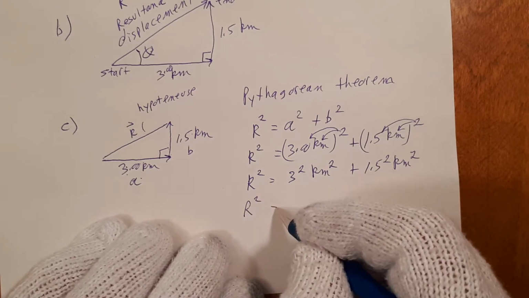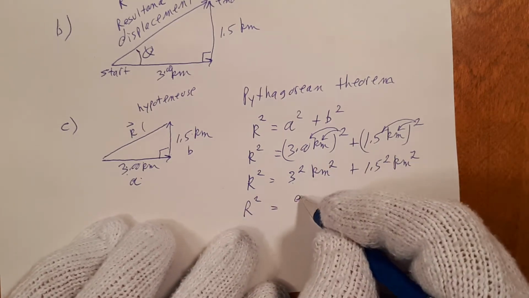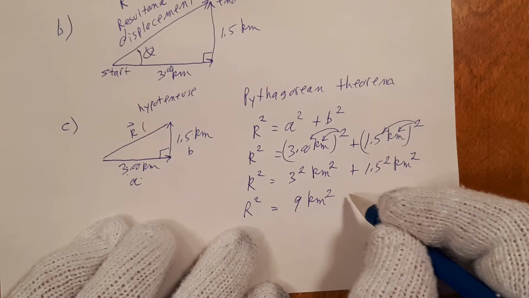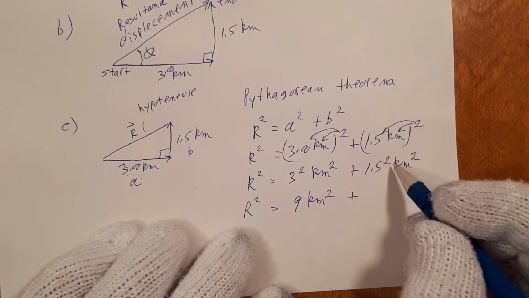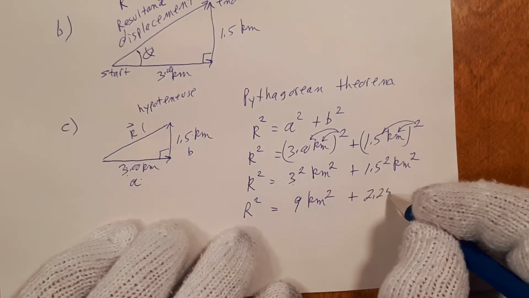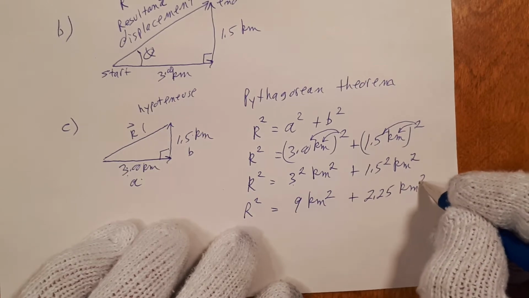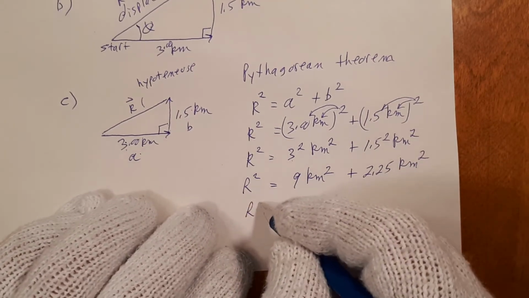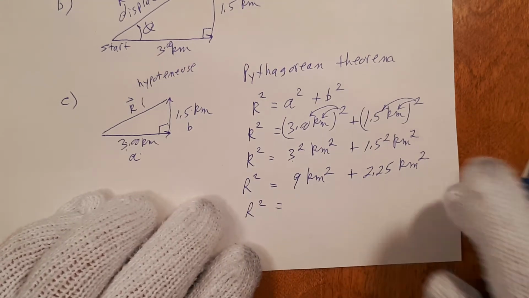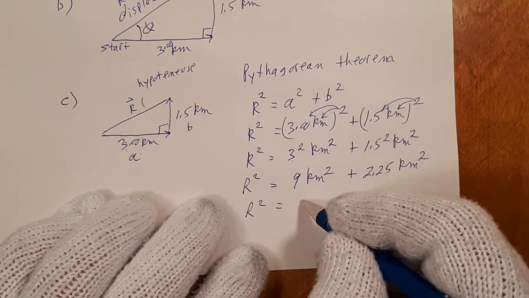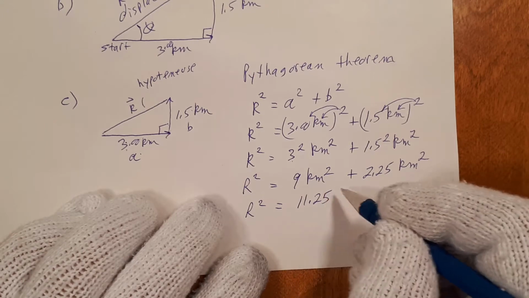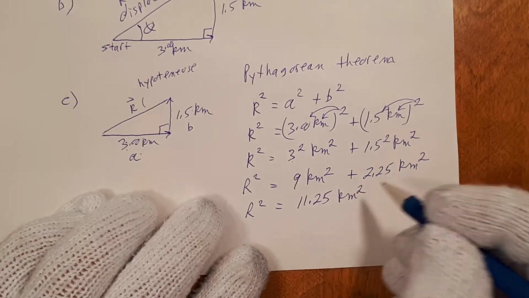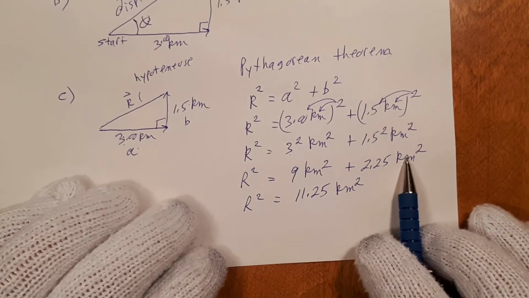So r squared then is equal to 3 squared is 9 plus 1.5 squared is 2.25 kilometers squared. Adding those two numbers together, r squared is equal to 11.25, and the units is kilometers squared.